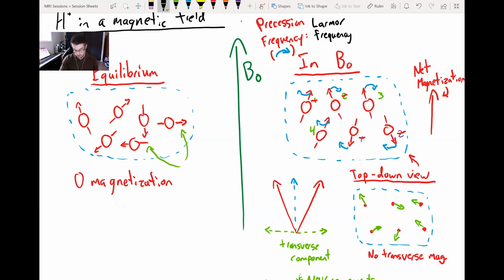I always drew it as a fancy F, so I'm going to continue doing that. F is equal to the gyromagnetic ratio, which is gamma, multiplied or dot producted by the B0 field. And that's it. It's just two things multiplied together.